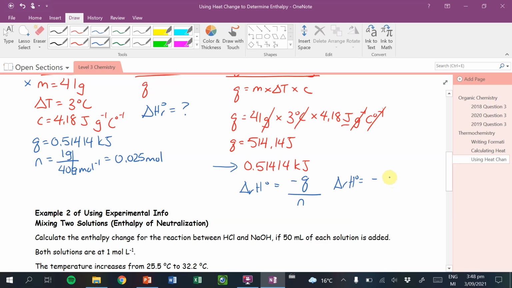negative 0.54. I'm not good at reading numbers. That's the value that I'm getting, dividing it by 0.025 moles. All right, so let's do that.